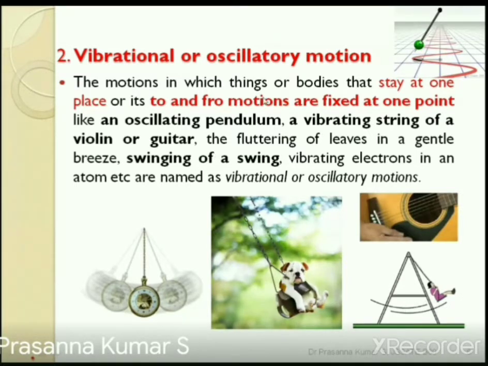These are motions in which things or bodies stay at one place, or make a to and fro motion about a fixed point. These are oscillatory motion. I hope you understood the meaning of translatory motion and oscillatory motion by this time, with the examples given.